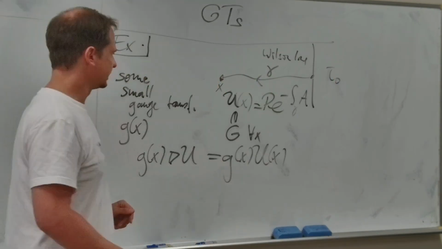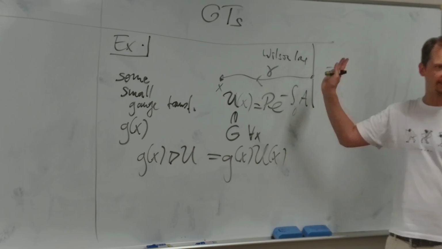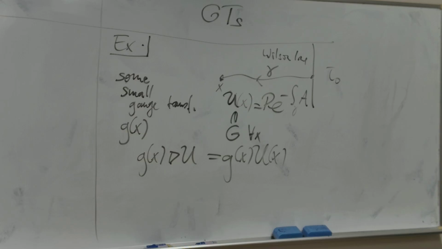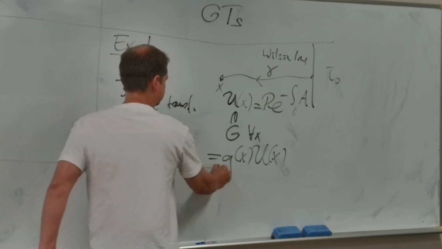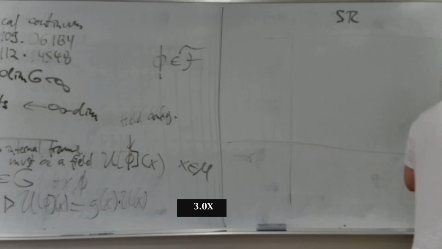But if I take a small gauge transformation, then the G inverse on the other side is not there. So that gives you a nice realization of the ones you have here. And then, okay, we can look again at reorientations. It's also done.